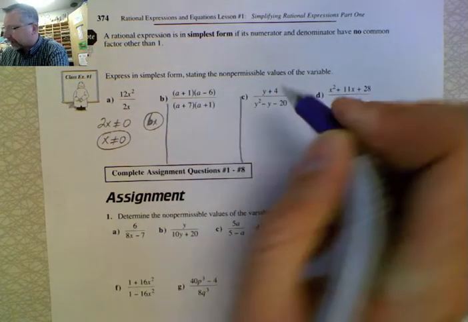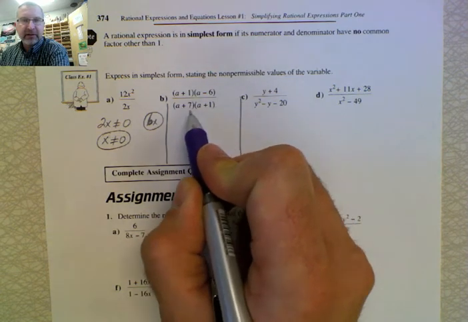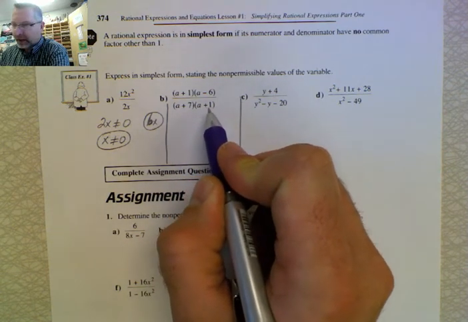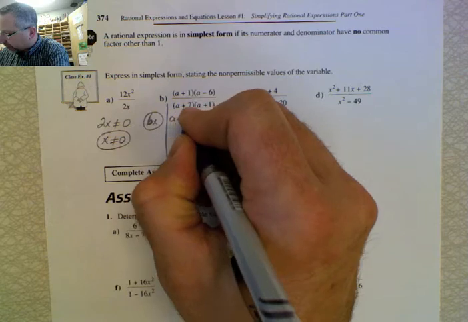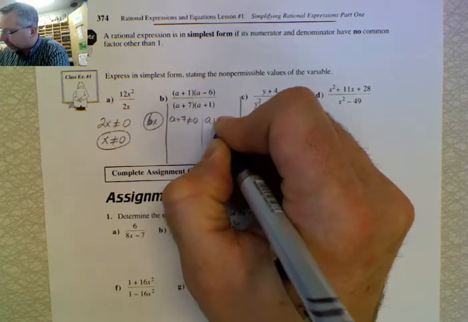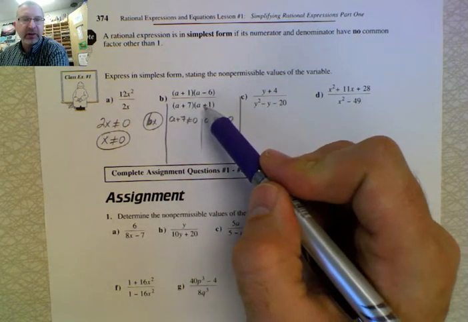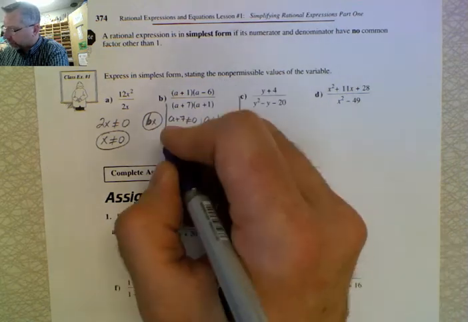If we look at the second example, we do the same thing. We look at the factors in the denominator, and we say, okay, I can never have x plus 7 being equal to 0, and I can never have x plus 1 being equal to 0. You always look at the denominator to determine your restrictions.